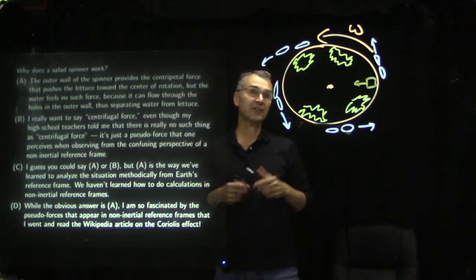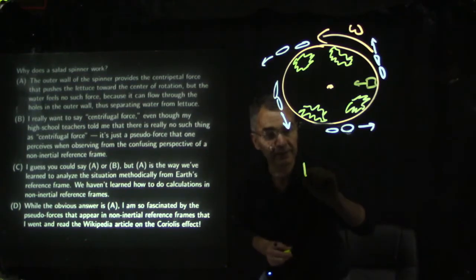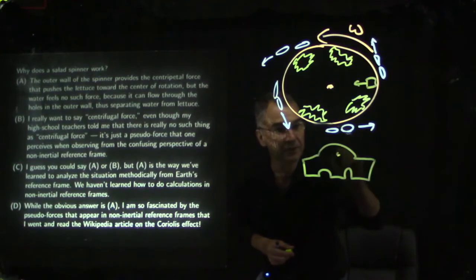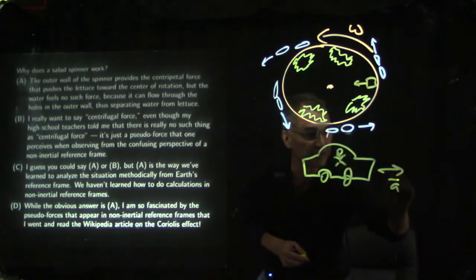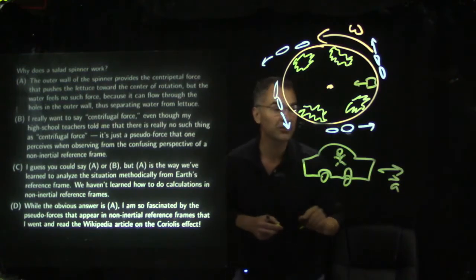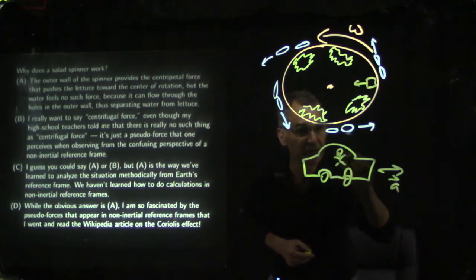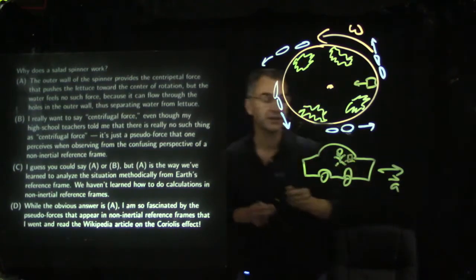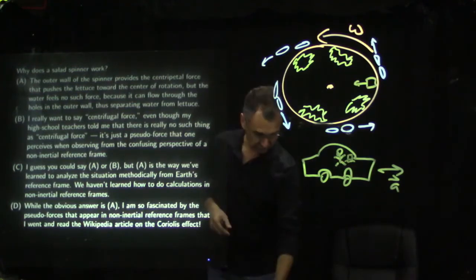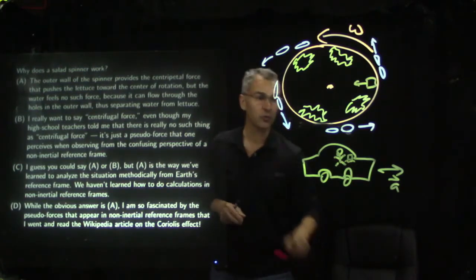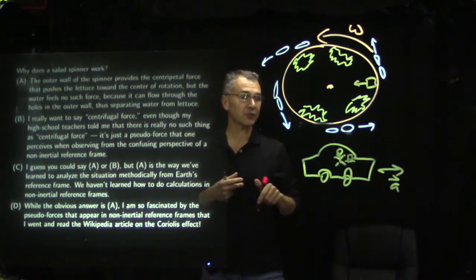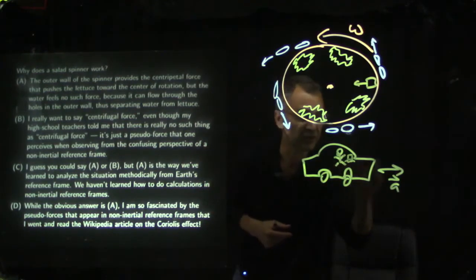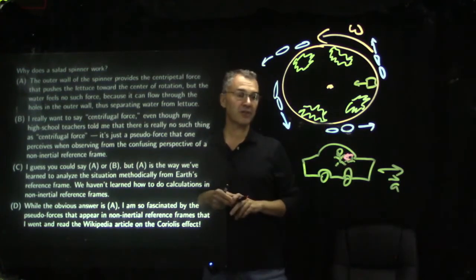So just think for a minute about riding in a car. Here you are, riding in a car, and suppose the car is accelerating this way. Now imagine your coffee cup sitting on the dashboard of the car. If the car is accelerating forward, then from the perspective of this non-inertial reference frame of the car, you think the coffee cup experiences a backward fictitious force.